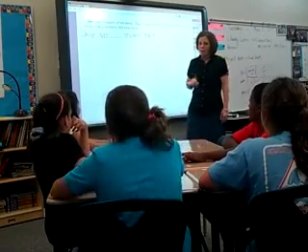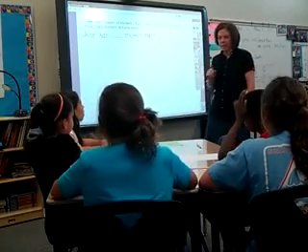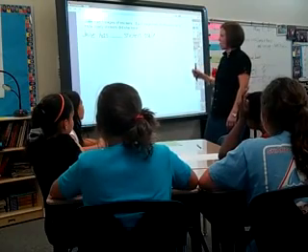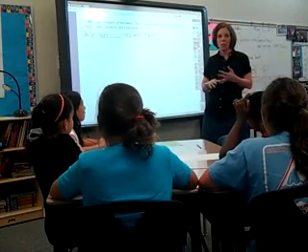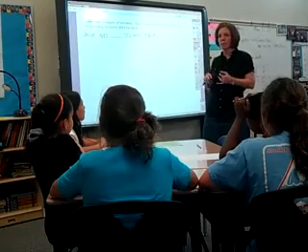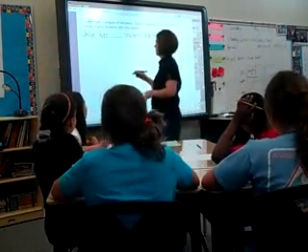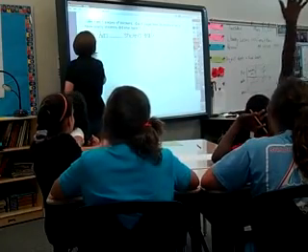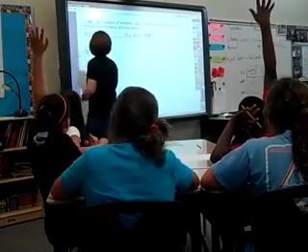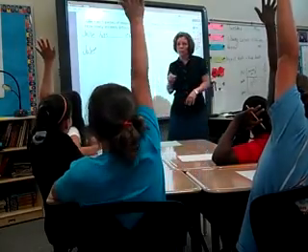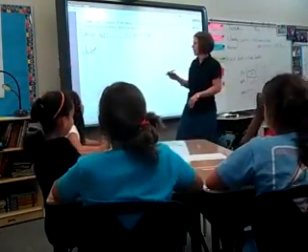Okay. Now, the second thing that we do when we do model drawing is we think about the who and the what. So who are we talking about in this problem? Julie. And we're talking about Julie's what? Stickers.